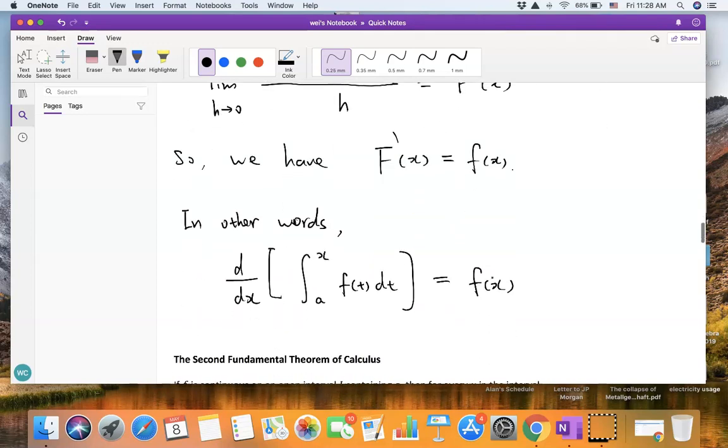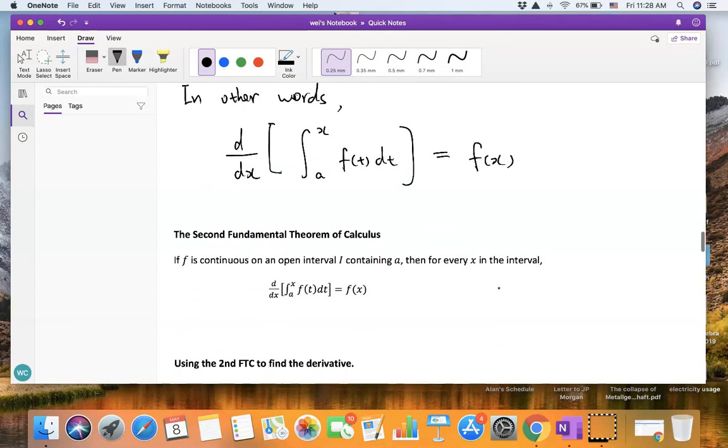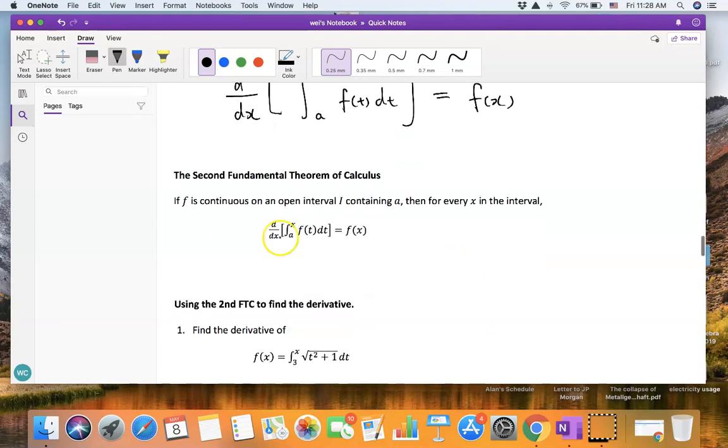Okay. In other words, when we are taking the derivative of this integral from a to x of f(t) dt, the result will be equal to this function f, and the input is x. So this is what the second fundamental theorem of calculus tells us.